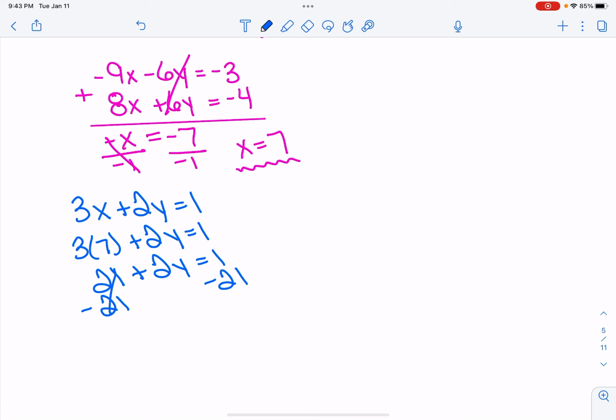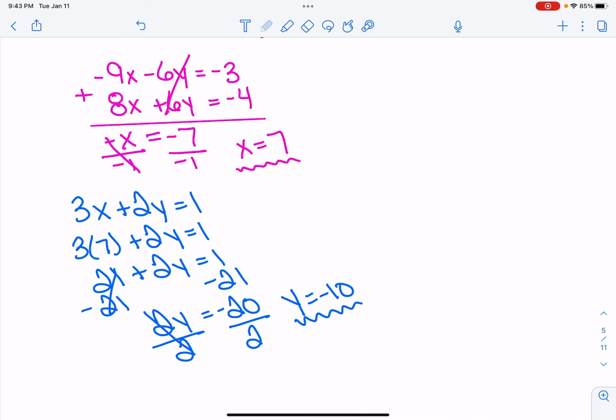Subtract 21 from both sides. We get 2y equals -20. And finally, we divide both sides by 2 and get y to equal -10. So final answer is 7, -10.